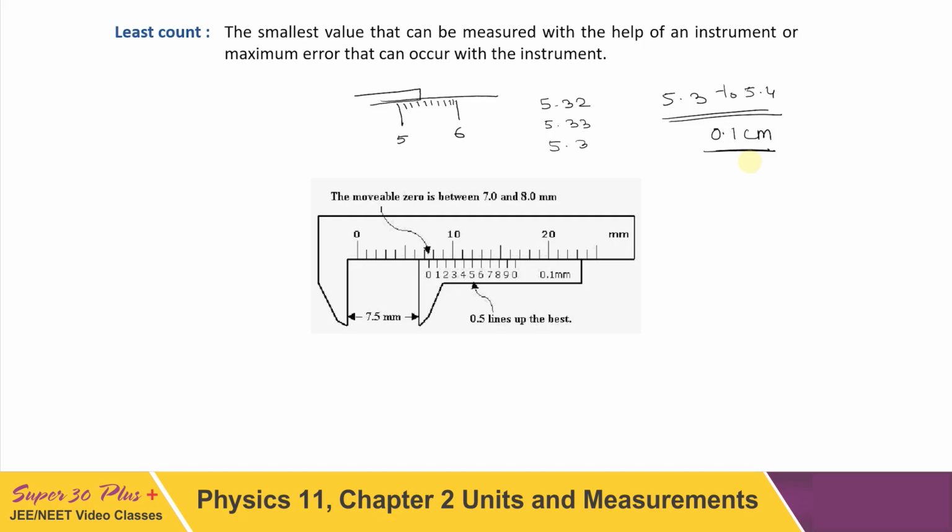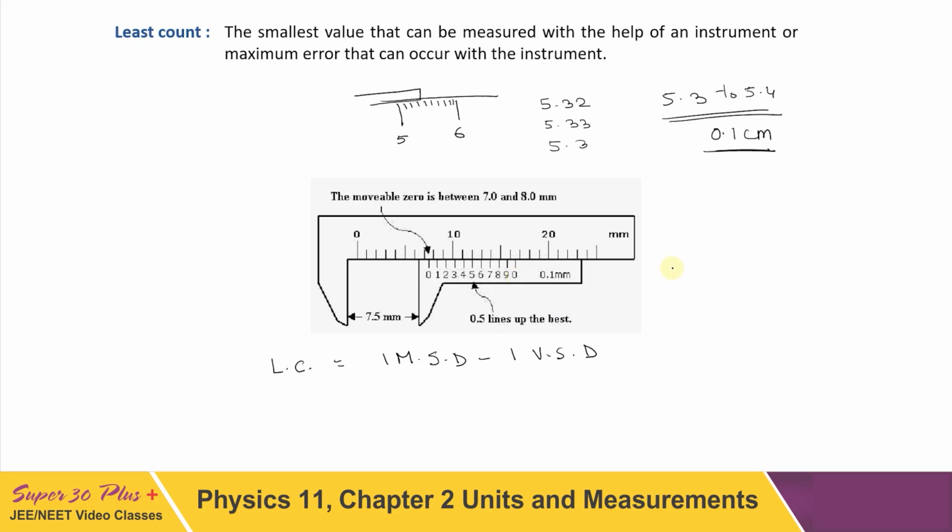Now let us see how least count is calculated in case of a vernier caliper. The formula we use is least count is equal to 1 main scale division minus 1 vernier scale division. Now as you can see, I have taken here the enlarged view. 10 vernier scale divisions are coinciding with 9 main scale divisions.